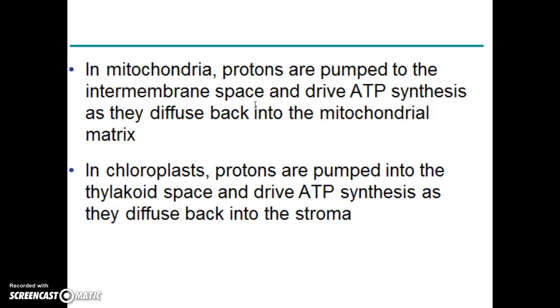And the same is similar with chloroplasts. The protons are pumped into the space as well to drive ATP synthesis as we have the diffusion going back in. Actually, both of these have that ATP synthase that you may recall from Chapter 9.